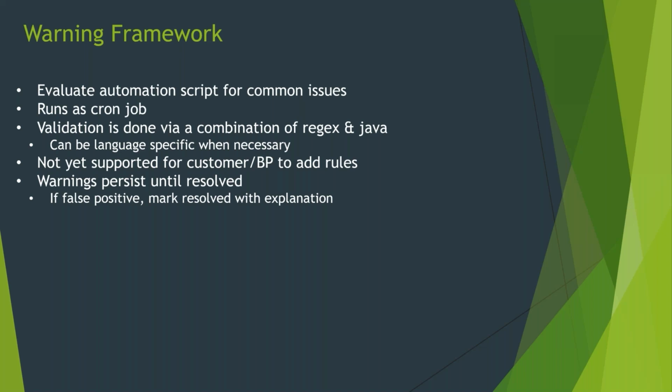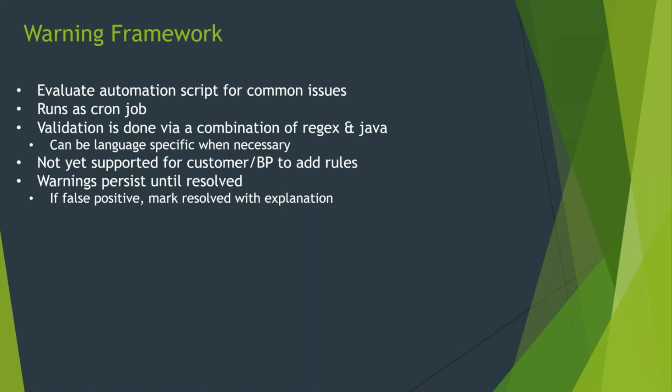The script may work, it may do what you intend it to do, but there are unintended side effects to the way that you've done them. So what we started to do in 8.7 is analyze your automation script for some of these problems. This runs as a cron job. By default, it runs every 12 hours, but you can run it as frequently as you want.